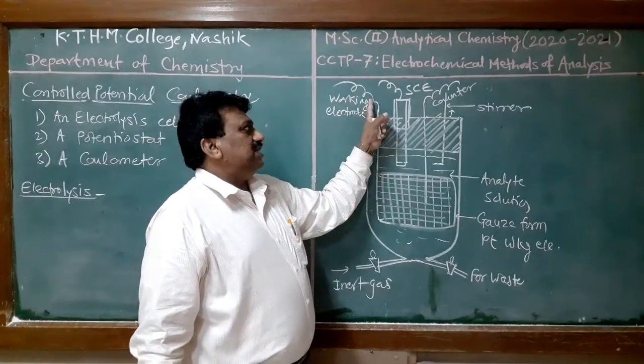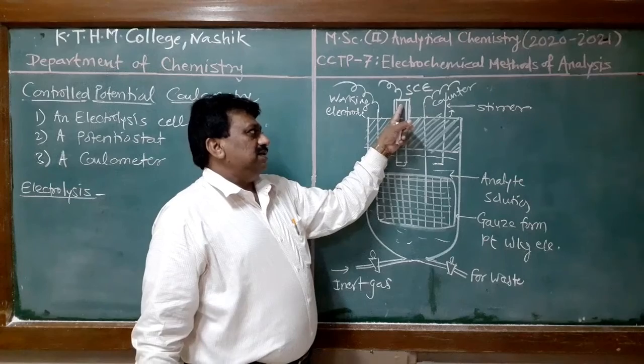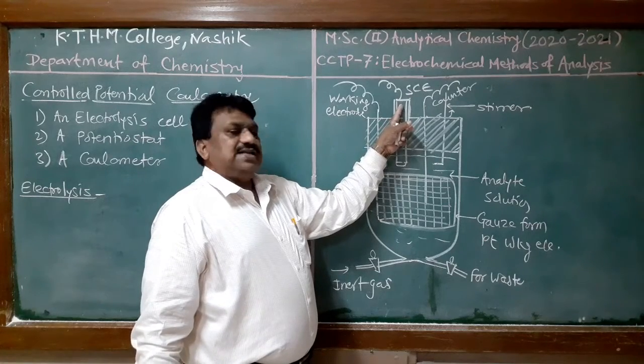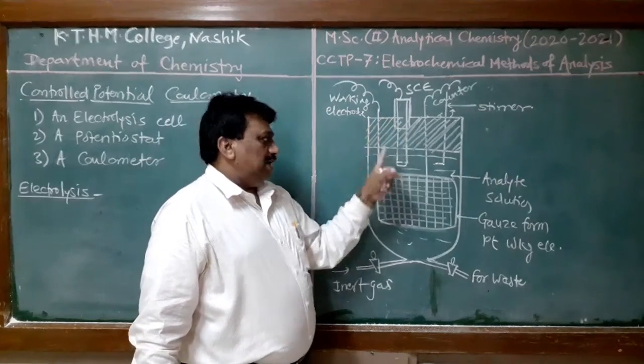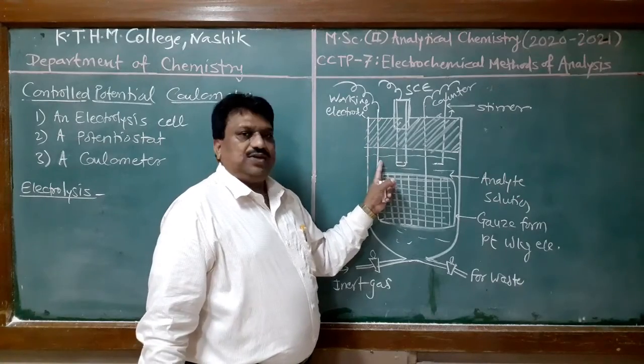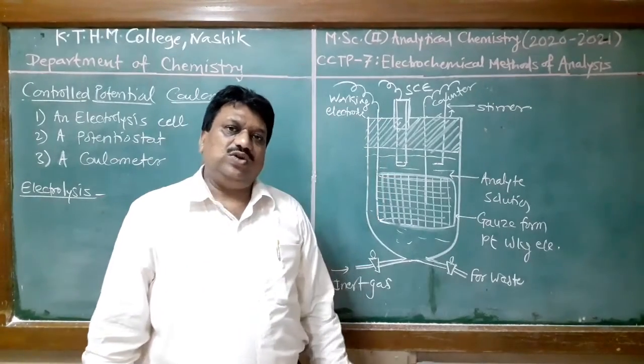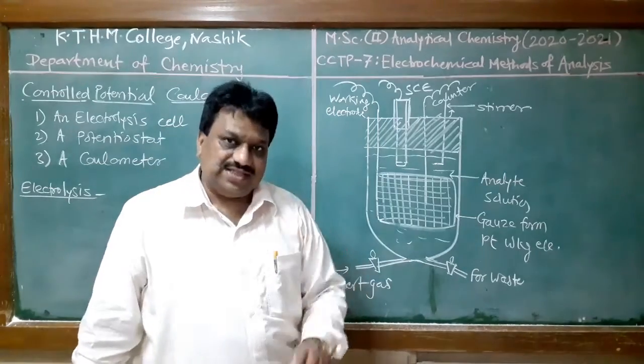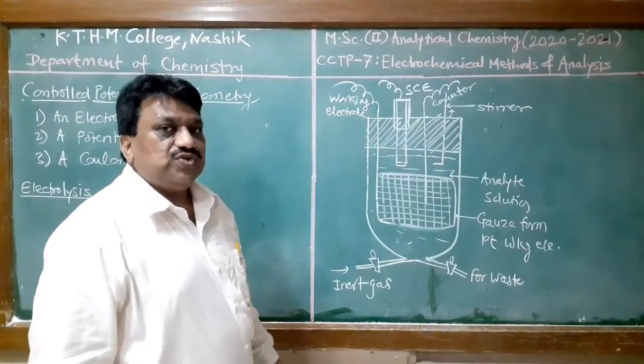Therefore, in the electrolysis process, the working electrode as well as the reference electrode are connected, and the potential difference between these two electrodes is maintained at a constant value by using a potentiostat.